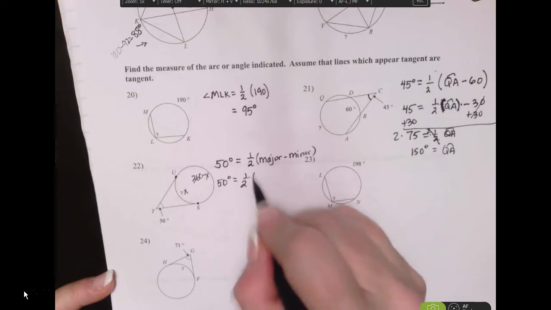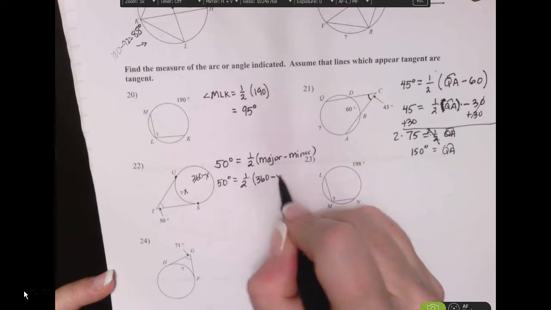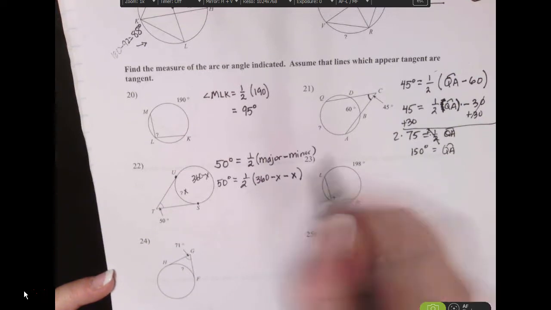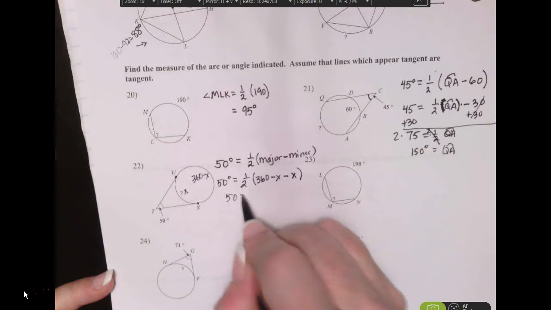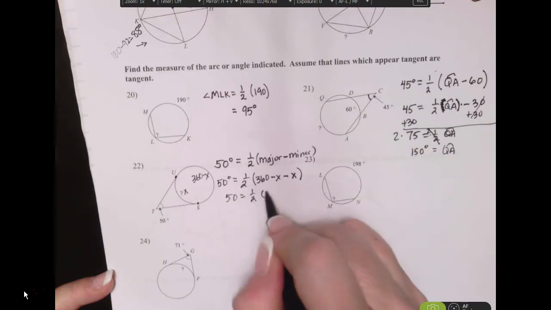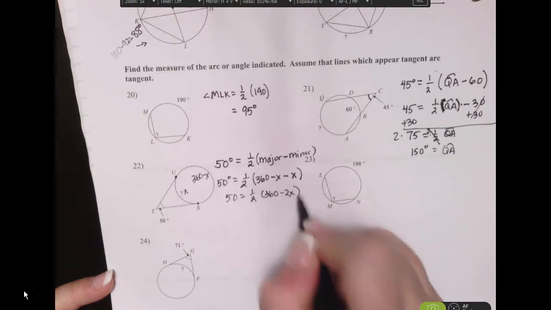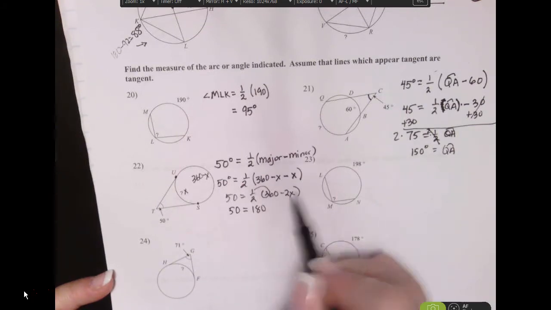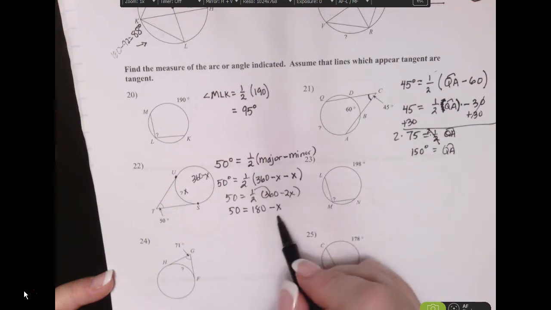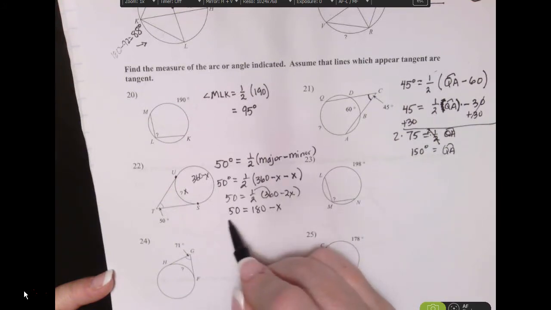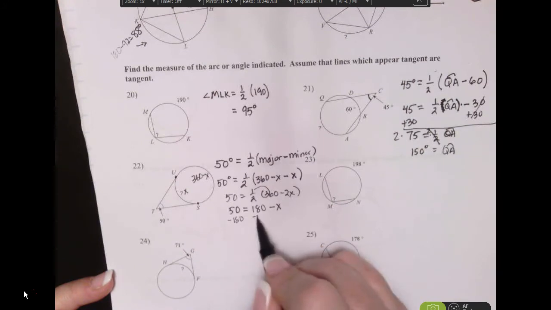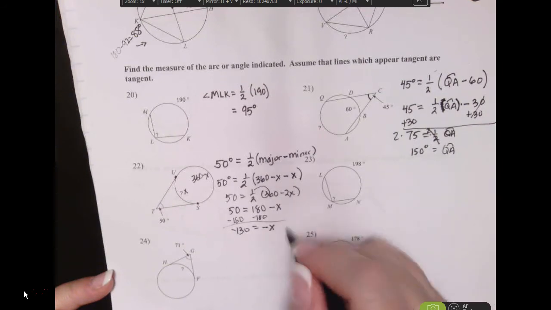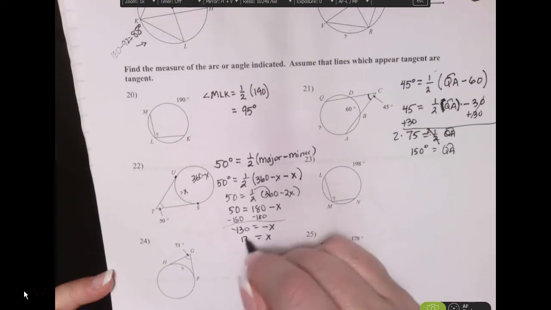The major arc is 360 minus X, and then subtracting the minor arc. So 50 is 1/2 of 360 minus 2X. So half of 360 is 180. Half of 2X is X. So I'm going to subtract this from both sides, and I get negative 130 is negative X. So X must be 130.